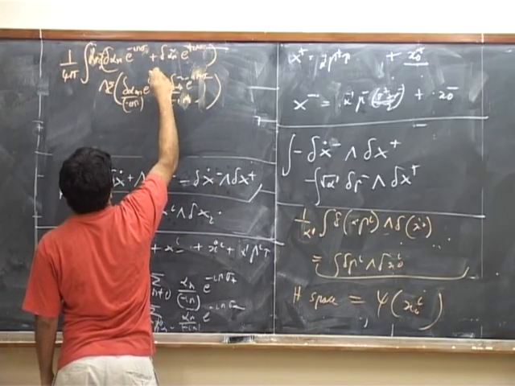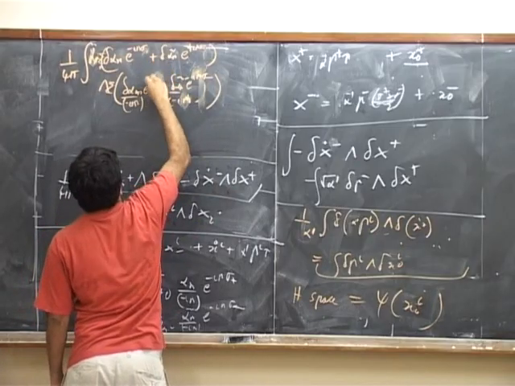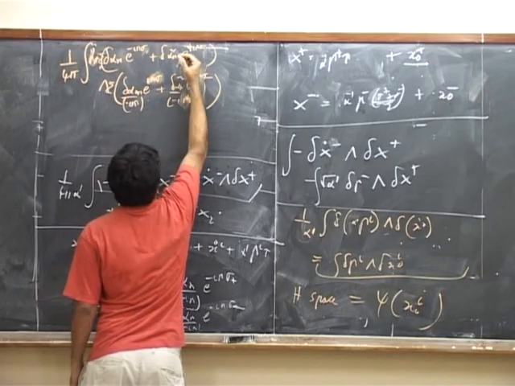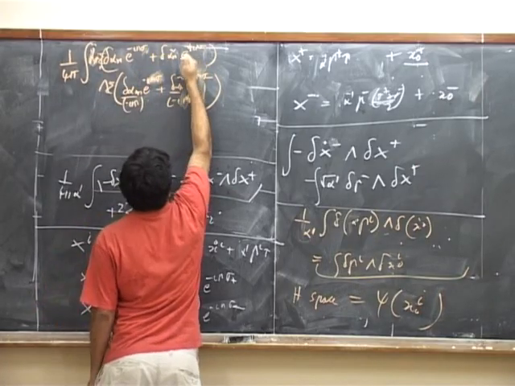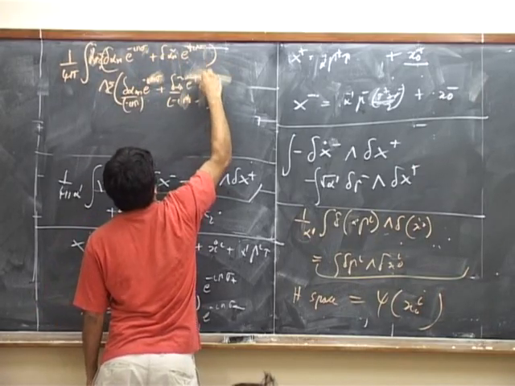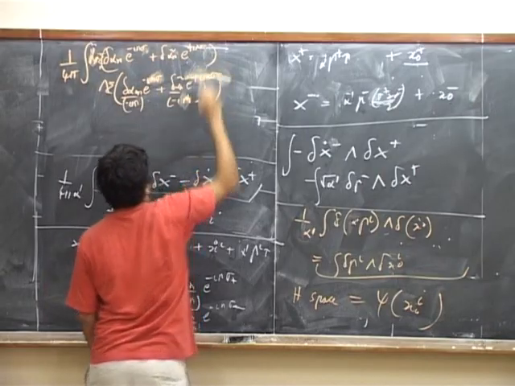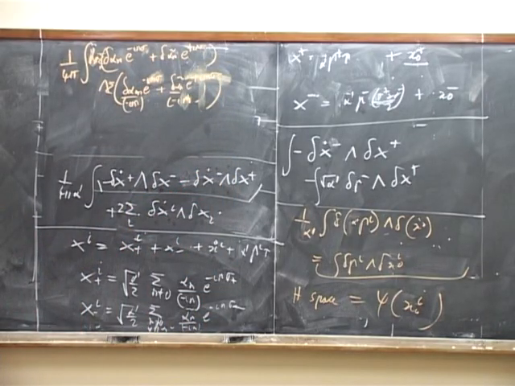Sigma plus is sigma, and sigma minus is minus sigma. So this is minus i n sigma, and it had a minus, and this is plus i m sigma. Sorry for the unsystematic nature of this, but if anything is unclear, please ask.